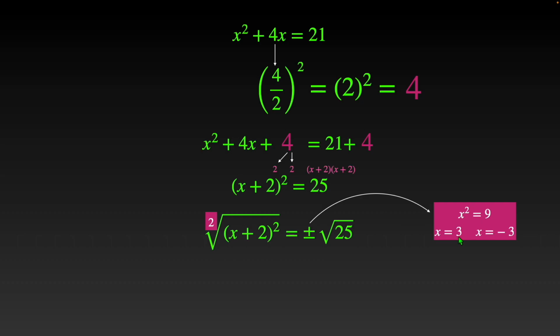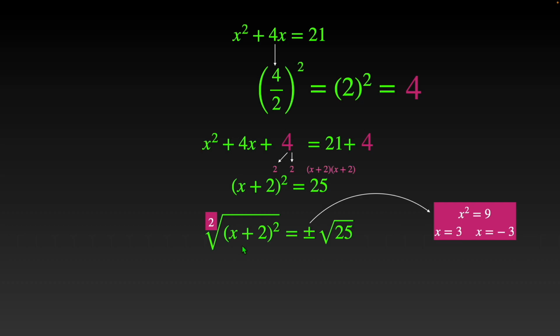Well, when x is 3, squaring 3 will give us 9. And when x is -3, squaring -3 will also give us 9. -3 times -3 is +9. So we get two answers, +3 and -3. Therefore, this is the reason why we have to use plus or minus.